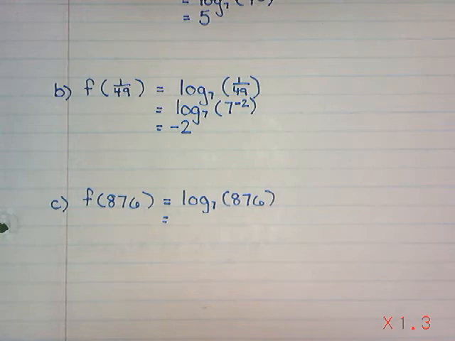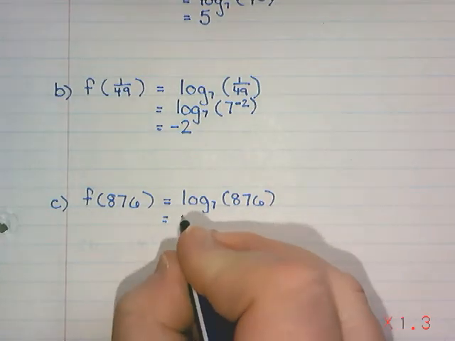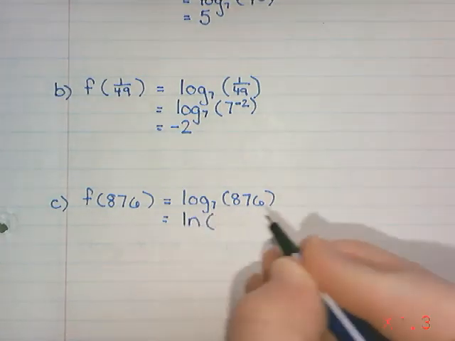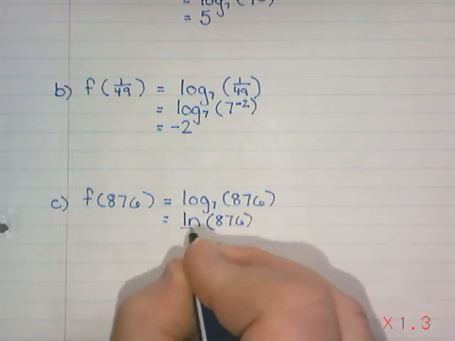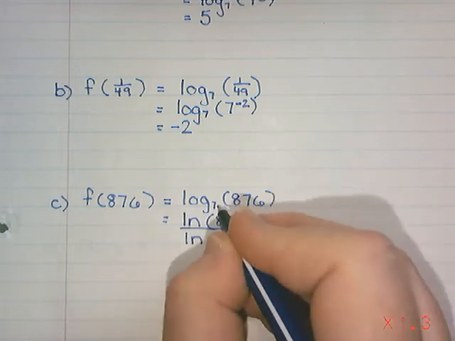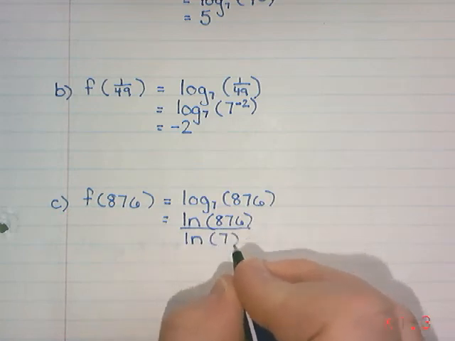I personally like ln, but you're welcome to use log if you prefer. So I'm going to say this is ln of the original argument, 876, divided by ln of the original base, which is 7.